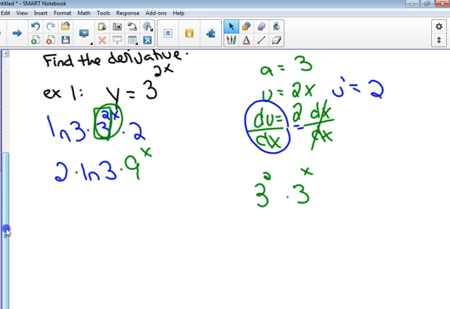Right, because it seems like you have a 3x left. Like Tom said, 3 to the third or 3 to the 6 is different than 9 to whatever x would be.